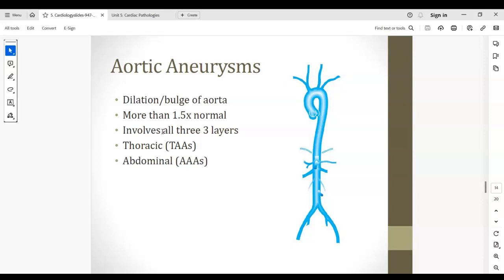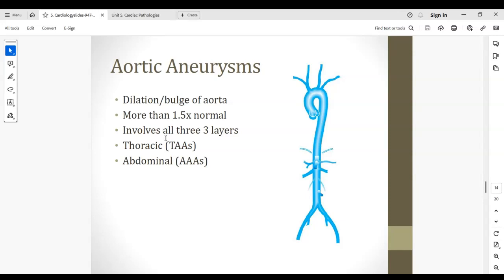Now let's go to aortic aneurysm, which is the main topic of our lecture today. Aortic aneurysm means dilation or bulging of the aorta, more than 1.5 times the normal size of the caliber of the aorta.